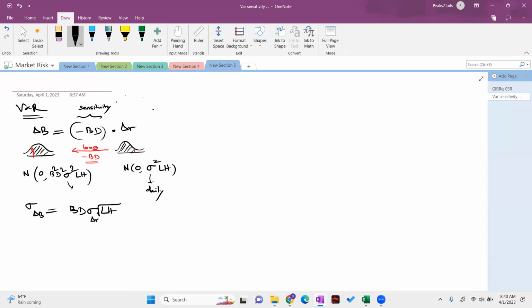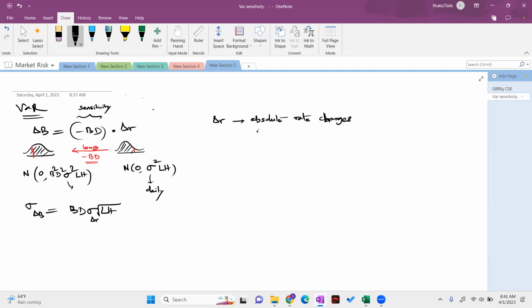So remember, when we are saying delta R, what is delta R? Delta R is your absolute rate changes. What does it mean? You look at the interest rate daily time series. It will be changing, not as much as a stock price, but a little bit.